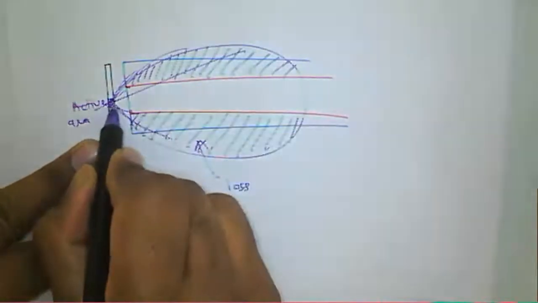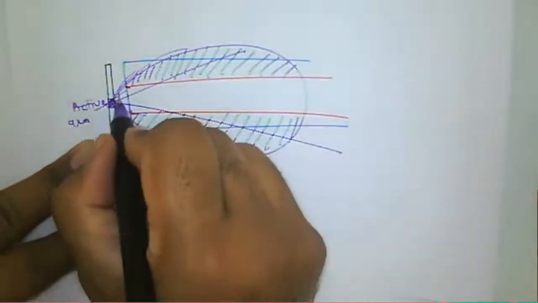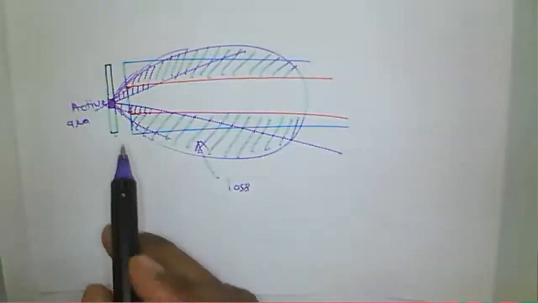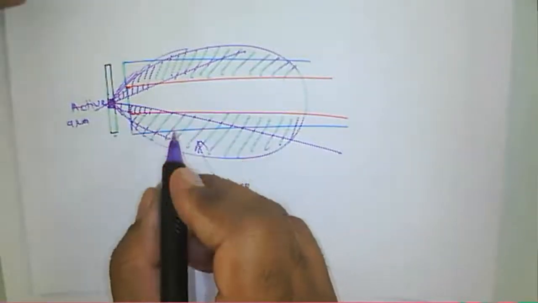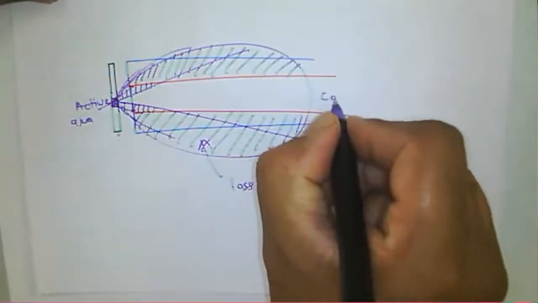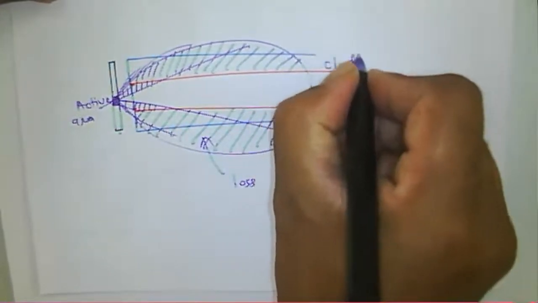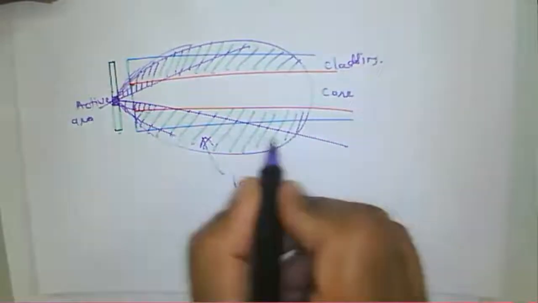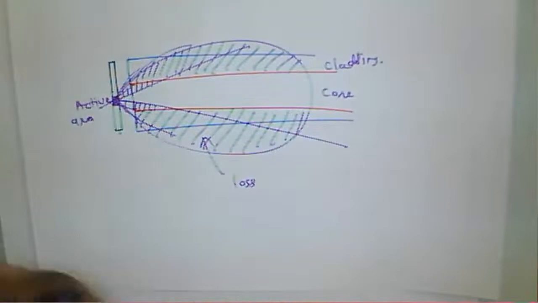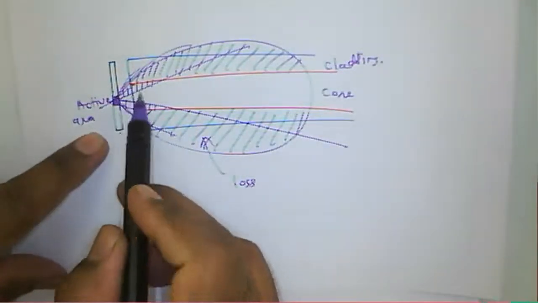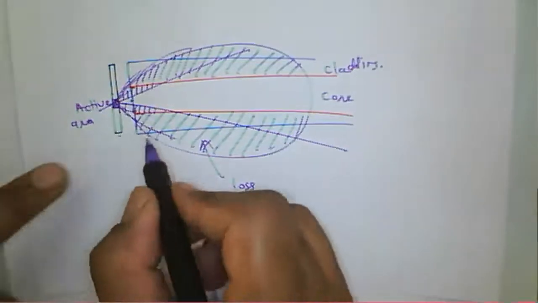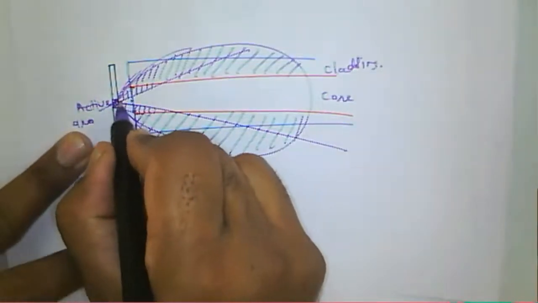How it will propagate is because a fiber has a particular numerical aperture, and then it will propagate the light inside the fiber. This one is the core, the cladding. This is the power coupled inside the fiber. So for a given particular fiber, we should know the numerical aperture or acceptance angle.